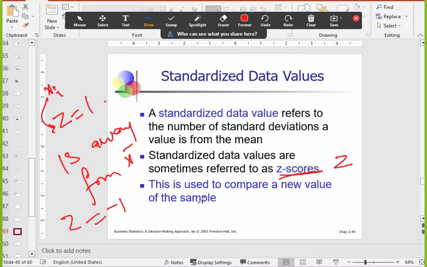It is used to compare a new value of the data with the sample. The purpose is that if you have two data sets and you are comparing the data as it is, you can use the CV method.